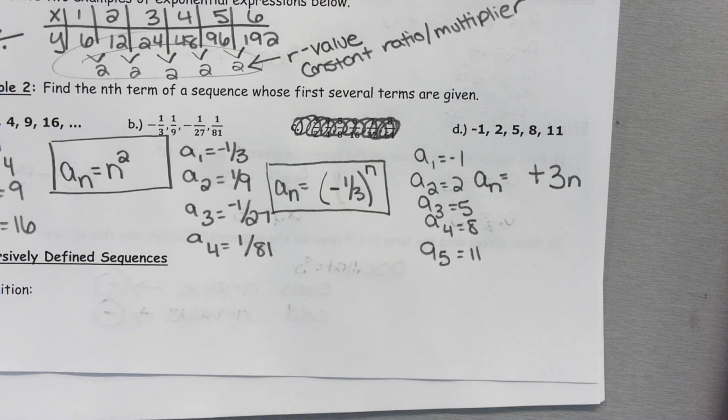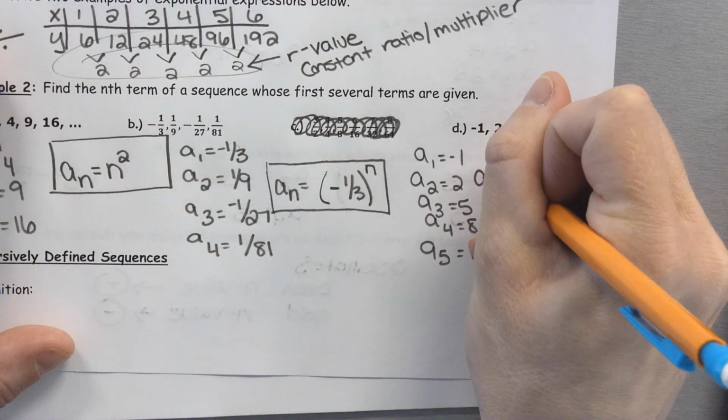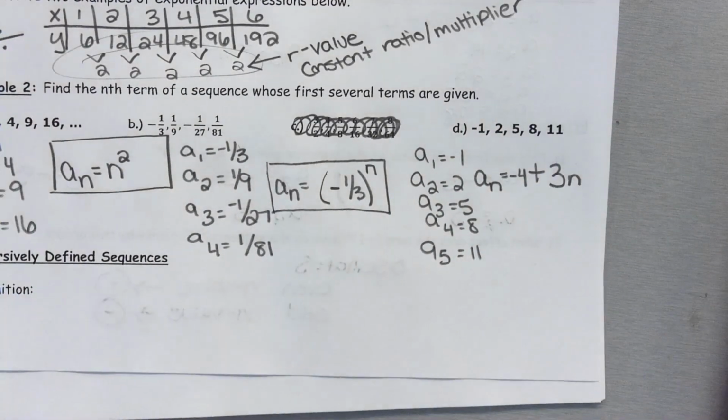Okay. Let's think about the first term for a minute, though. A sub 1, if I plug in 1, it's going to give me 3. What do I need it to be? Okay, so what would I need to add to the 3 to get it to be a -1? -4. So let's try this and see if it works.